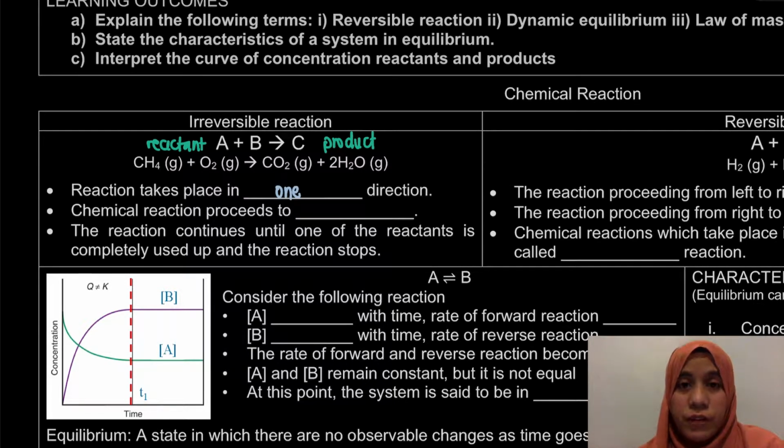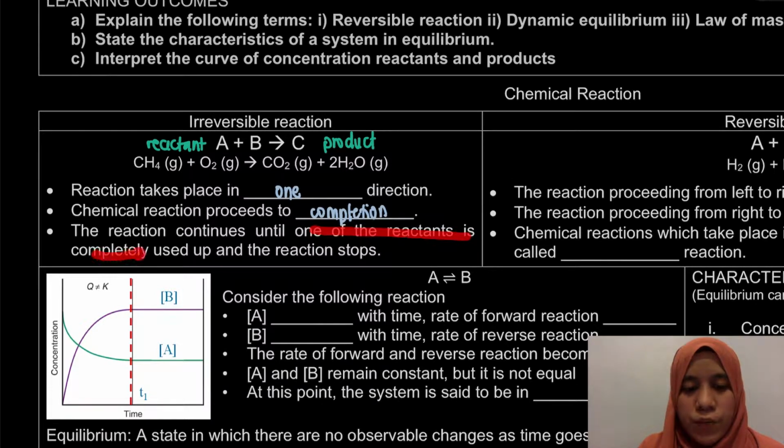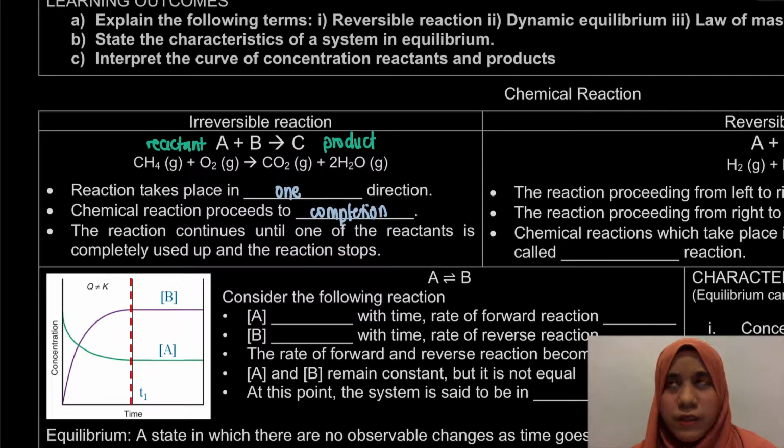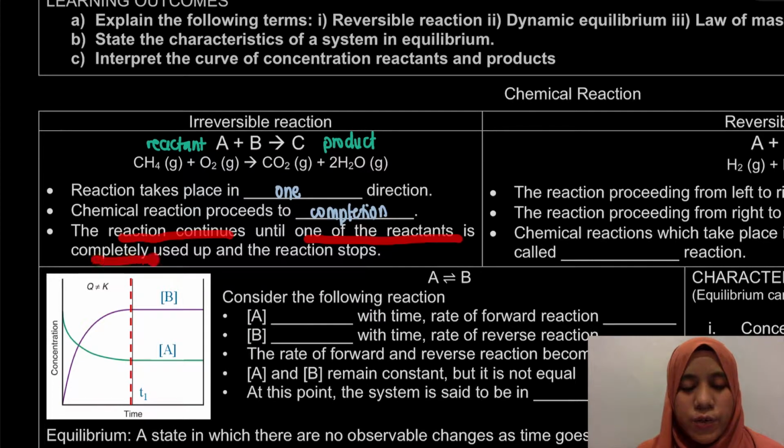And then for the irreversible reaction, the chemical reaction will proceed to completion. The reaction will continue until one of the reactants is completely used up and the reaction stops. We have learned in chapter 1 about the limiting reactant and excess reactant. Again, the reaction continues until one of the reactants is completely used up.